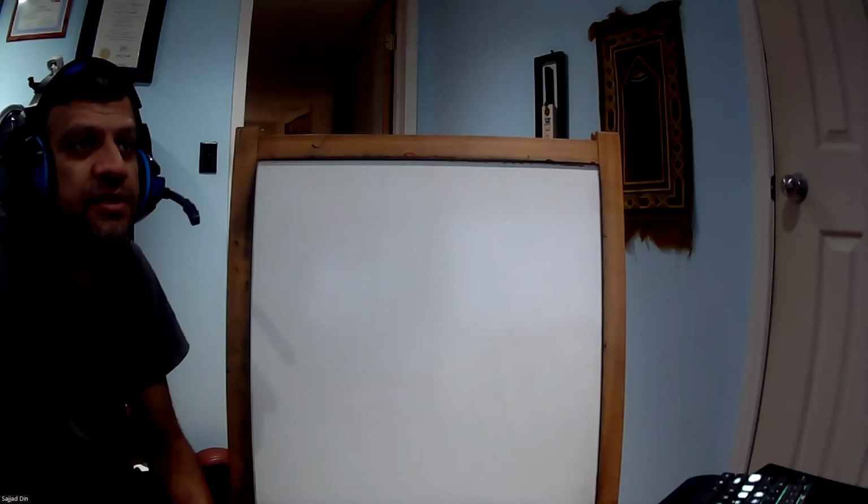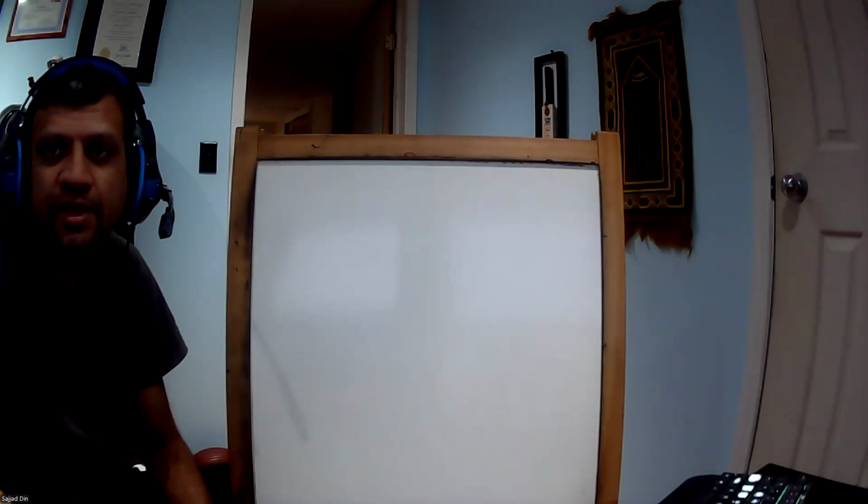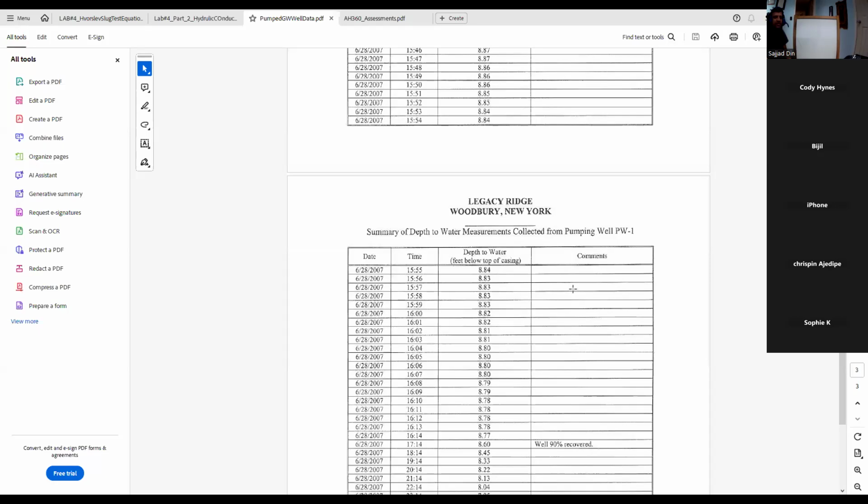Okay, so now that we talked about that, you're given data. And what does this data mean? It's important for you to understand what this means. So basically what they've got is a well. Let's just plot out the well.